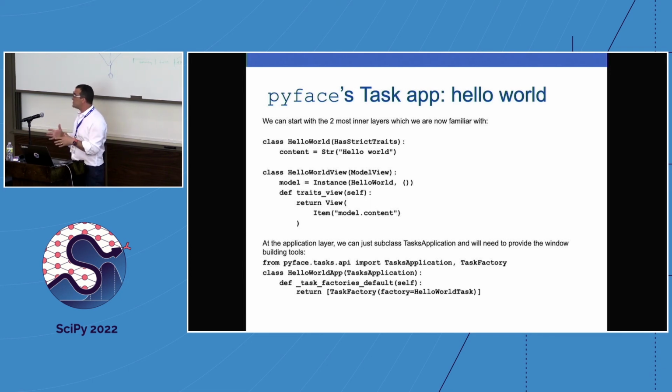And now we're going to define what it does. Okay, so I'm saying underscore task, underscore factories, underscore default. Task factories is an attribute that's defined in the parent class. And I'm overriding how to initialize it by giving it my own task. All right, so let's build that task.